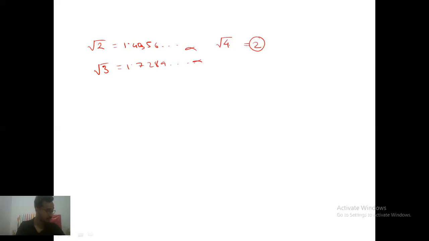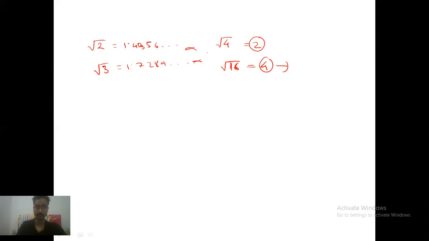So what will it be? You are asked: are the square roots of all positive integers irrational? Your answer will be no, because 16 is a positive number and the square root of 16 is 4, which is a rational number. So your answer will be no. The square roots of all positive integers are not irrational. Why?